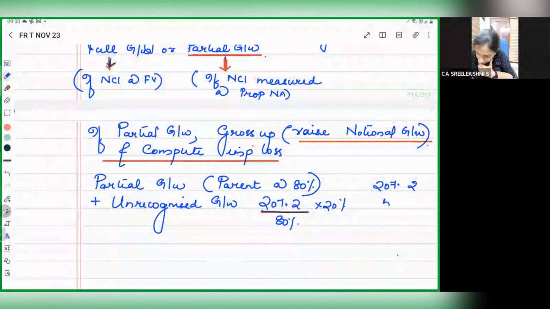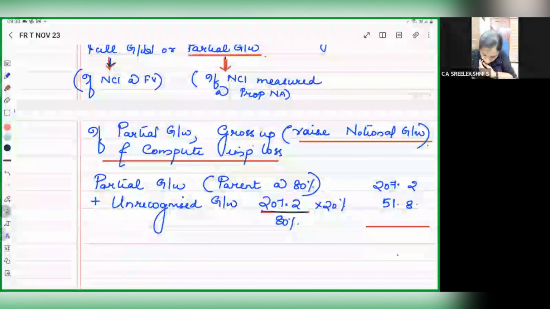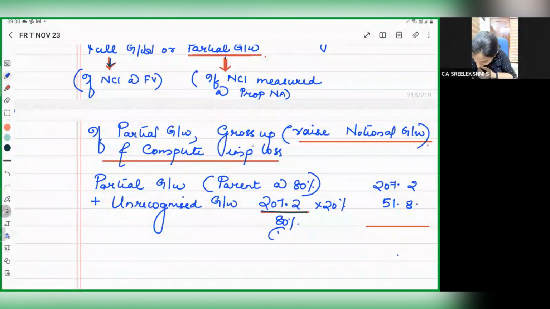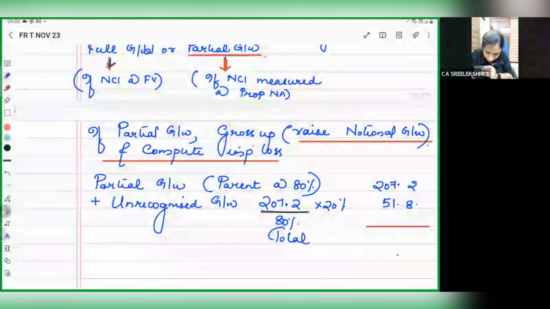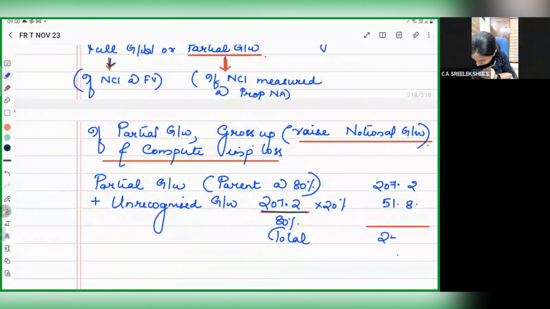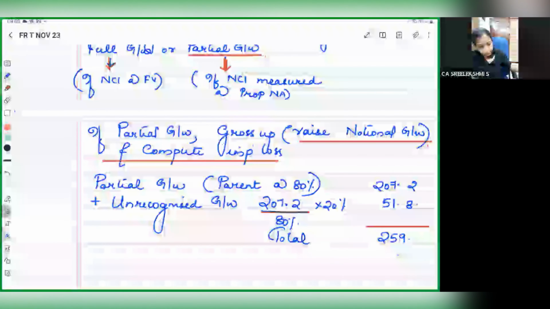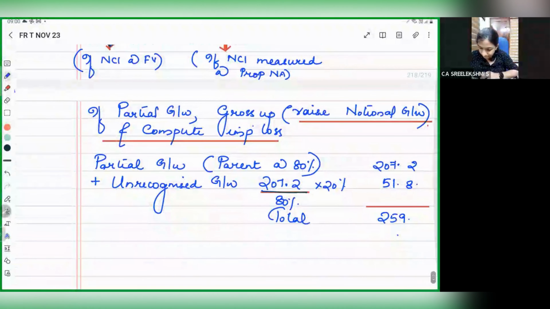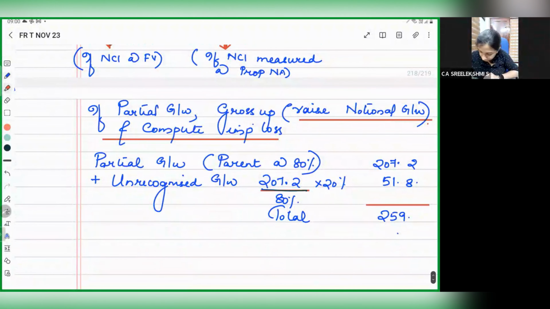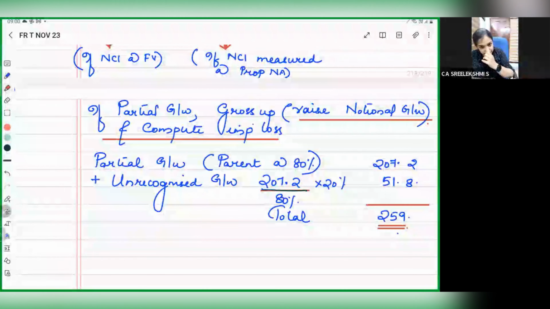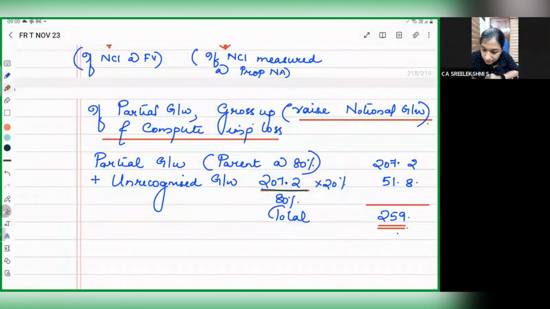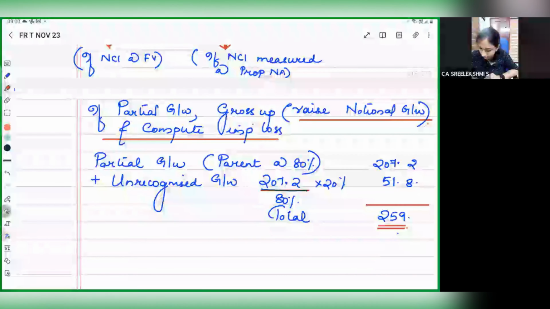Unrecognized goodwill is 51.8. So total goodwill is 259. Total goodwill is 259 million.